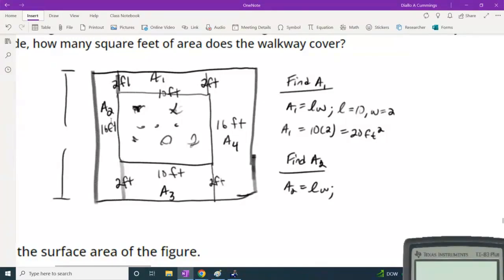So that should give me 20 feet. Notice it's 2 feet from the garden. So that's going to give me a length of 20 feet. And then the width is still 2.